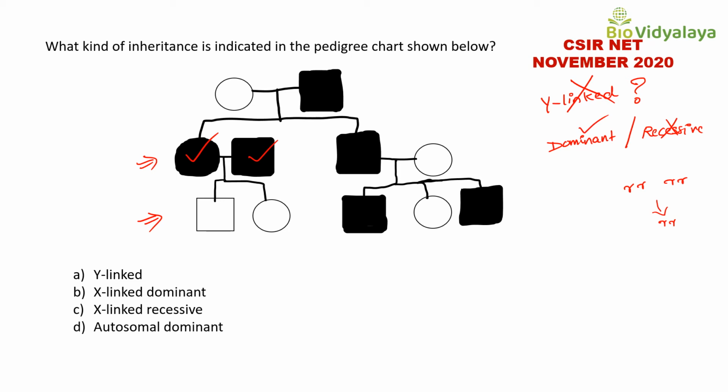Next, we have to check whether it is X-linked dominant or autosomal dominant. If it is X-linked dominant, then all the daughters of the affected father should be affected.